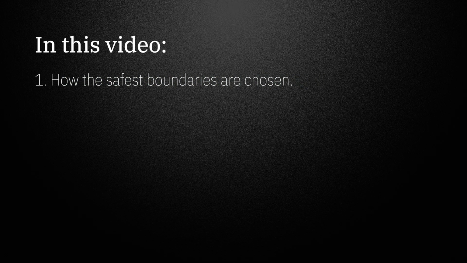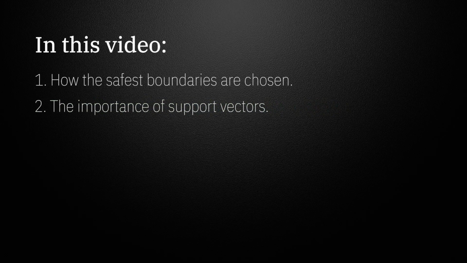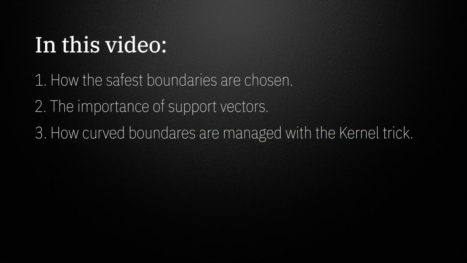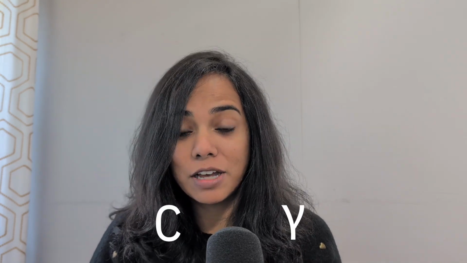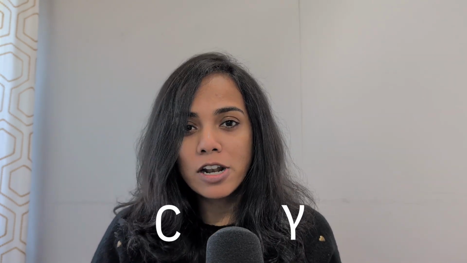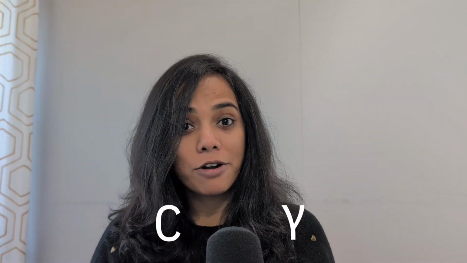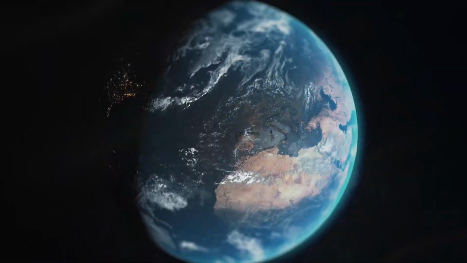We'll learn how it chooses the safest boundary by maximizing the margin, why only a few points, which are the support vectors, actually matter, and how SVM handles curved boundaries using the kernel trick. And at the end, I'll show you the two knobs, C and gamma, that decide whether your model becomes dangerously picky or confidently general.